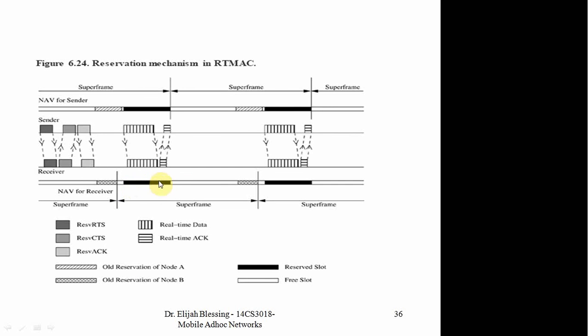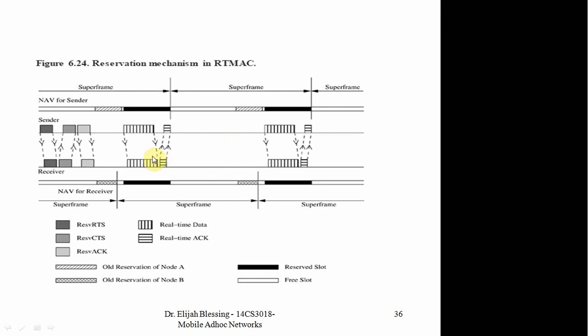That means this slot has already been blocked or reserved. So the mandate is not to send the data during this particular time period, but a little later. So you find that the real-time data is being sent at this particular point of time, for which you get your acknowledgement.